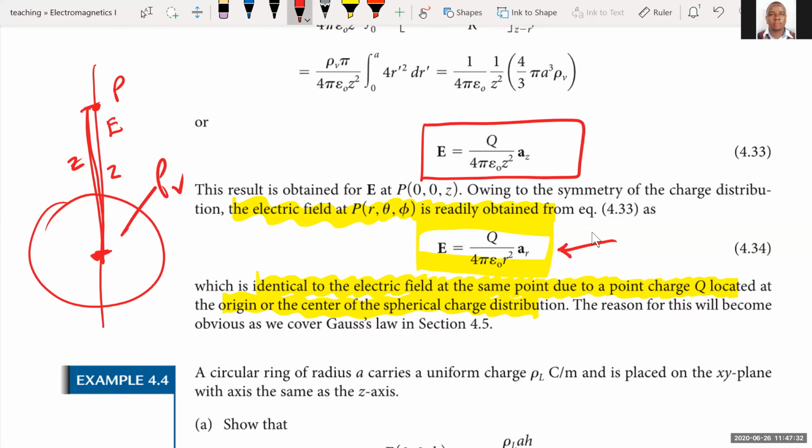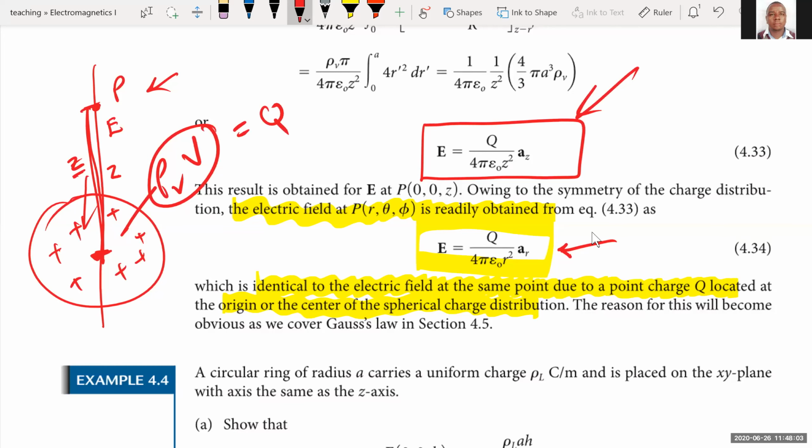Therefore, we are going to consider rho v times v to give us Q. Then we are going to say the total charge occupied by this volume is the primary factor that determines how much electric field strength is observed at a point P, and the distance of observation comes into play. So the equation that we need to work with is that one.